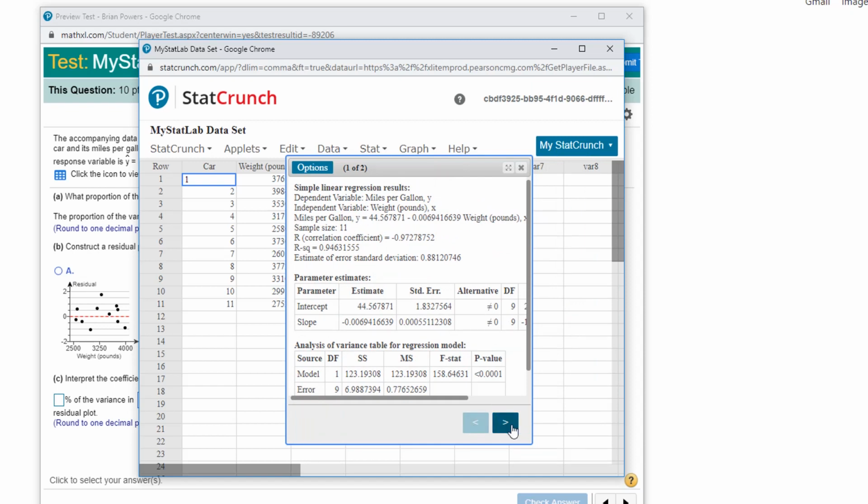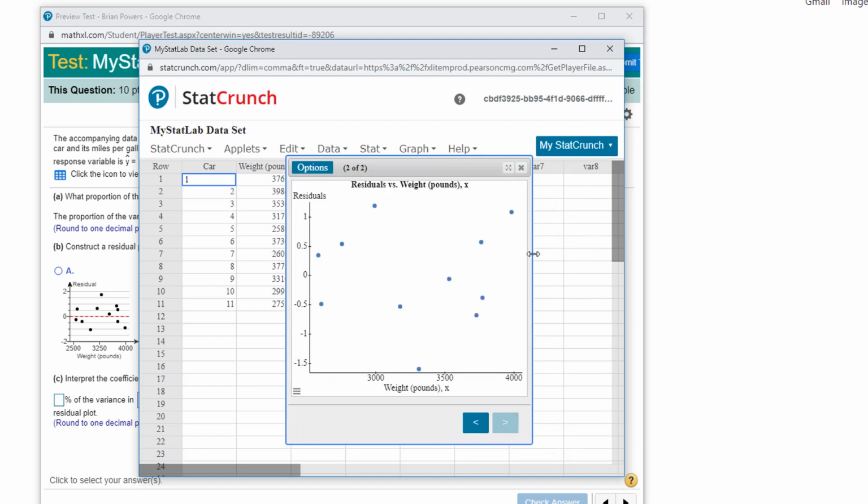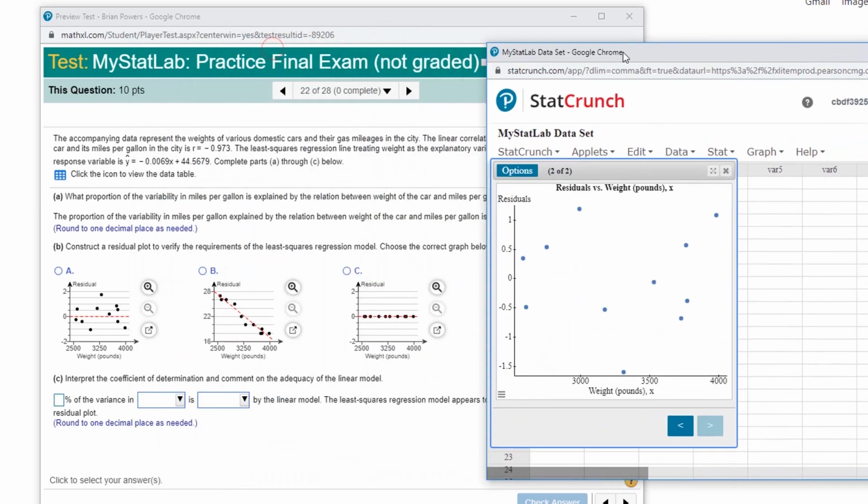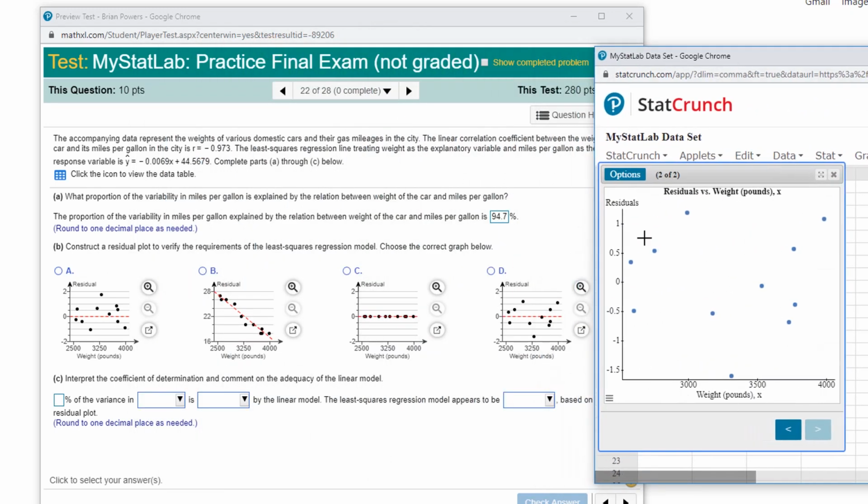I'm going to get the residual plot in my second window. So you can see I can go between windows. My second window is my residual plot. I'm going to put it to the side and just see which of these it matches with. It looks to me like this matches with the fourth choice.